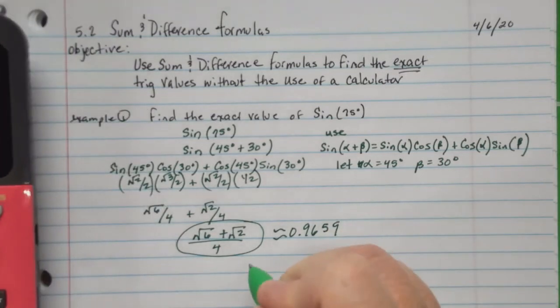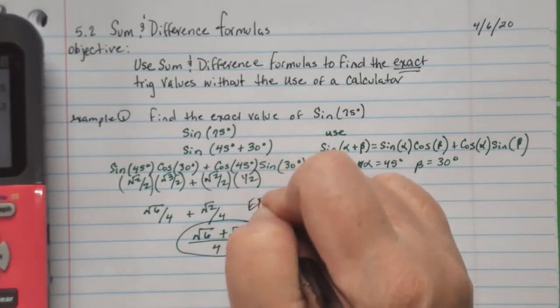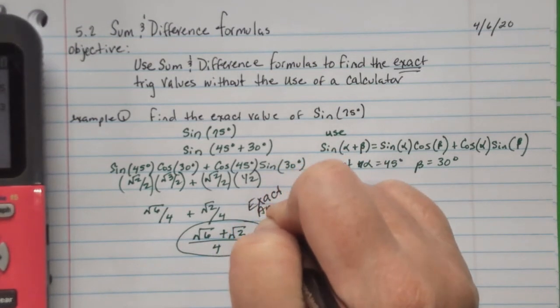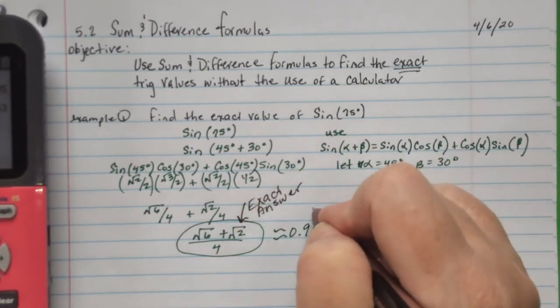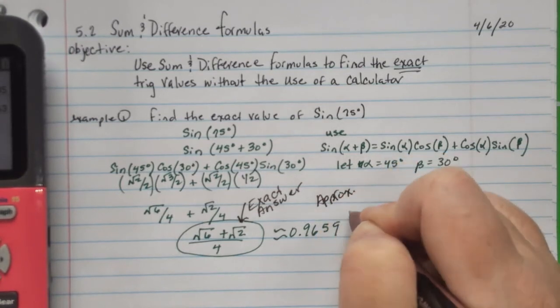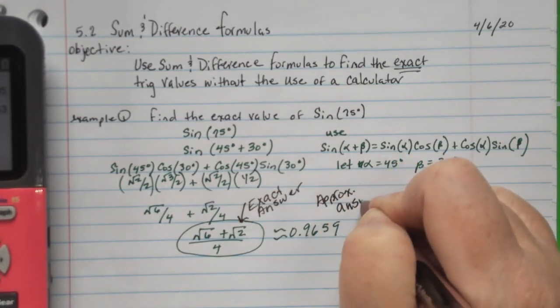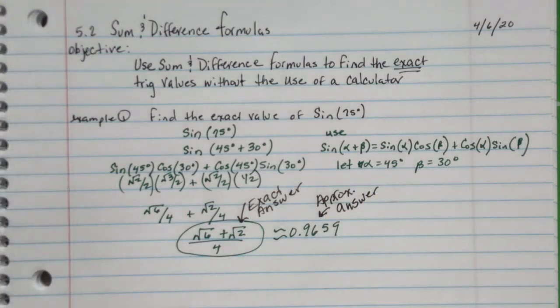So this is our exact answer right here, and this is our approximate answer. Now they wanted an exact answer, but it's good to get an approximate answer also to give us a feel for what we're doing here and to check our work.